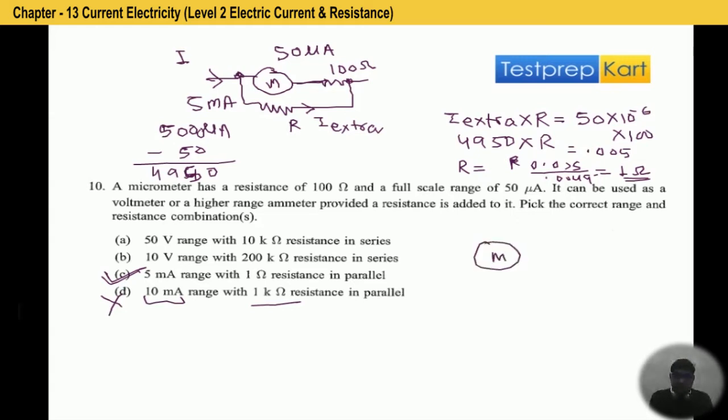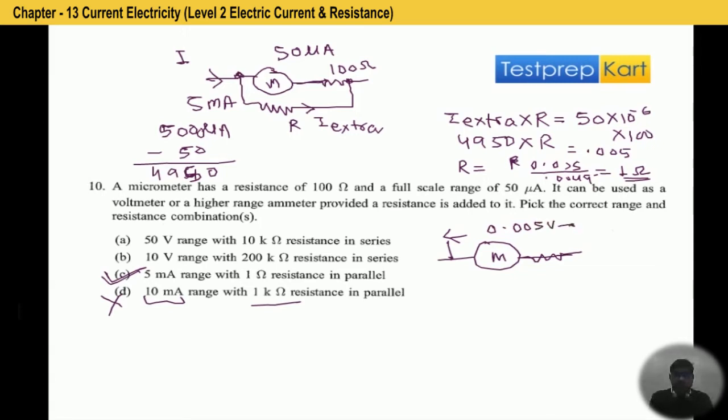Now next, if we want to convert this element into a voltmeter, this combination of micrometer and resistance can tolerate only 0.005 volt.